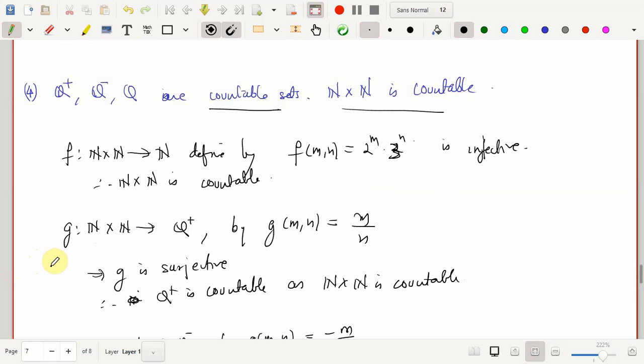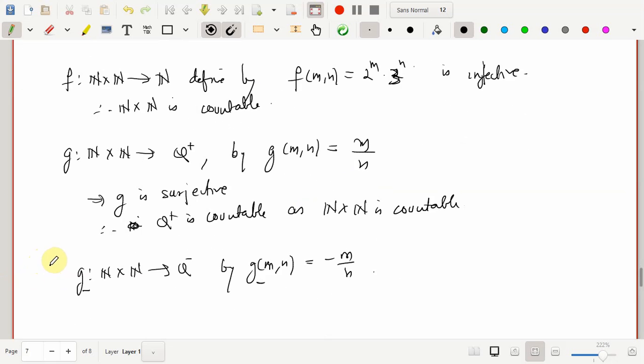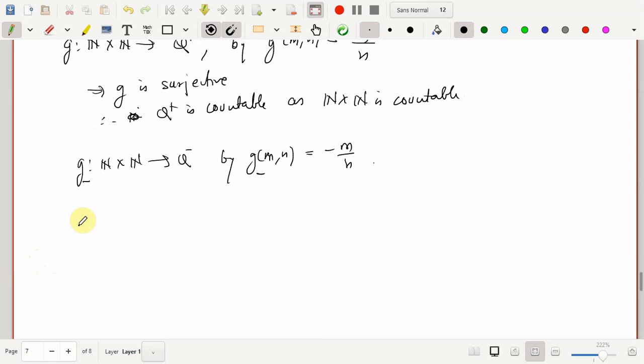To show that Q is countable, we make use of the fact that Z cross Z is countable. I think that would make sense, right?